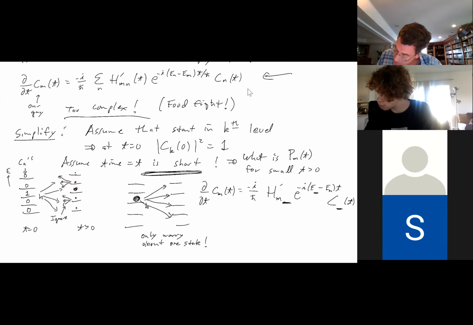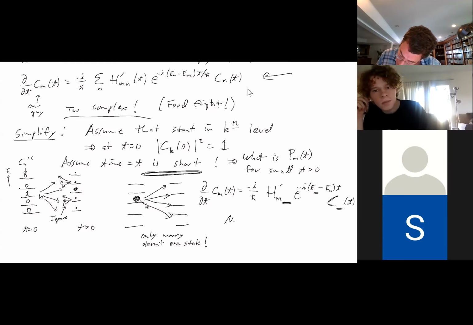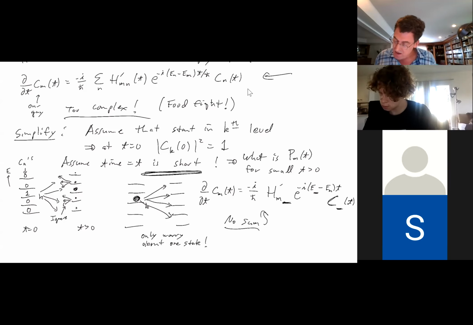So notice that there's no sum. I killed the sum. And what is the initial state that goes here?